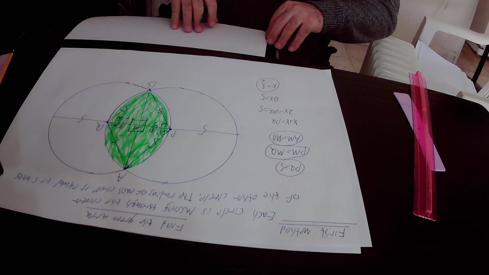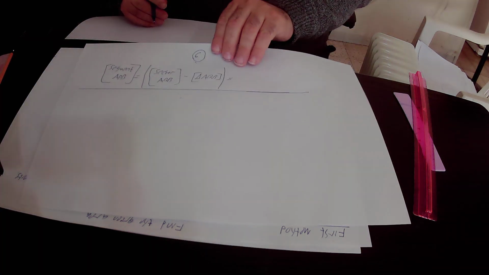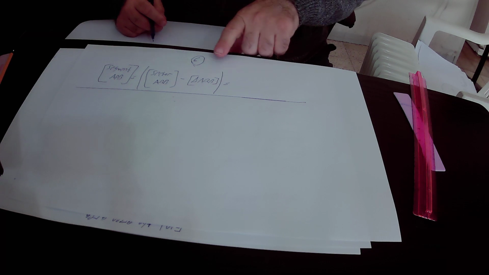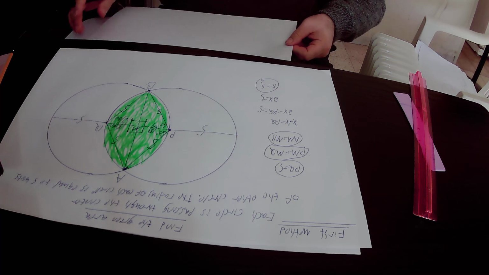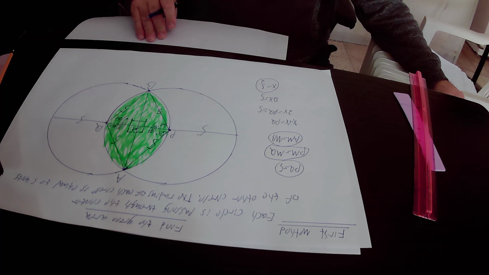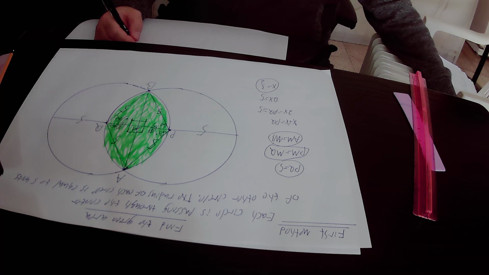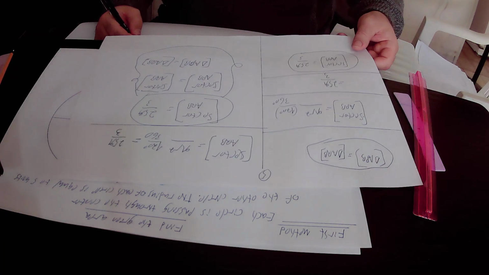I will repeat again. The area of segment APB equals the area of sector AQB minus the area of triangle AQB. We have already found out that the area of sector AQB equals 25 pi over 3 square units, and the area of triangle AQB is equal to the area of triangle APB.